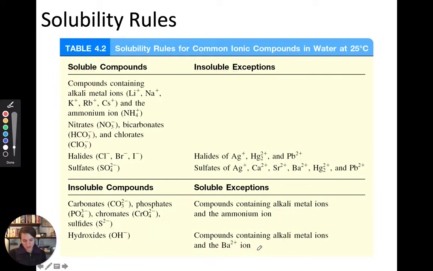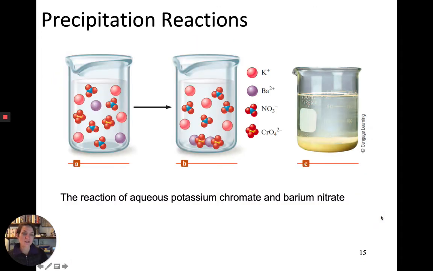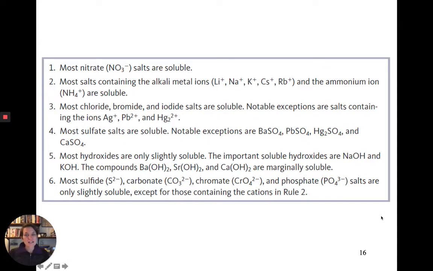So solubility rules are easy to use as long as you're familiar with this table. Some students don't like this table, so it's hard for them to remember the exceptions, and it kind of flips meaning from one column to the next halfway down. It isn't exactly the most user-friendly, so some students prefer this table.